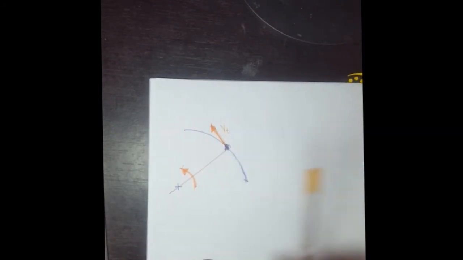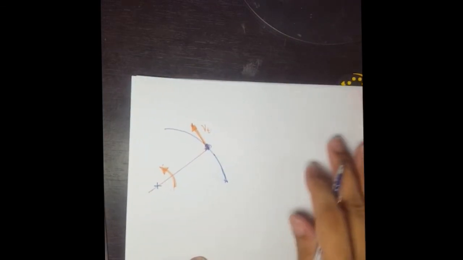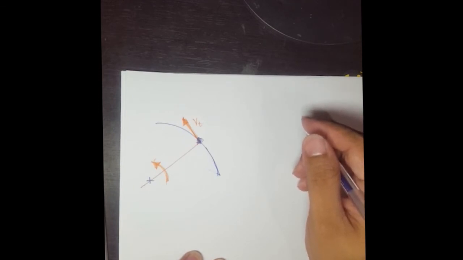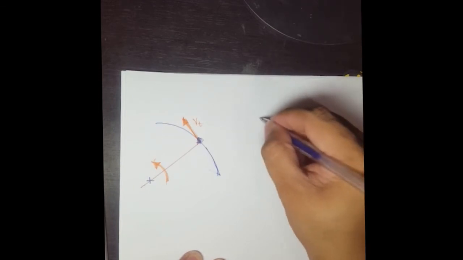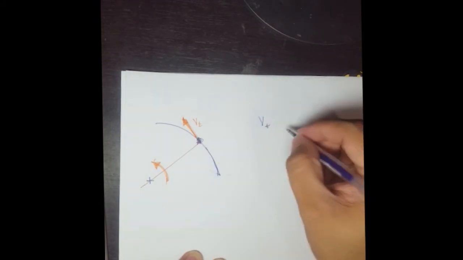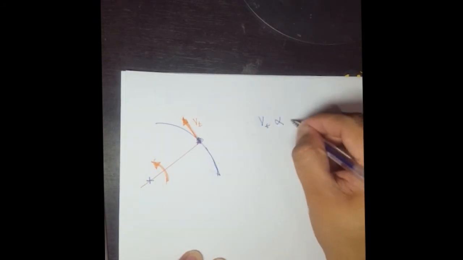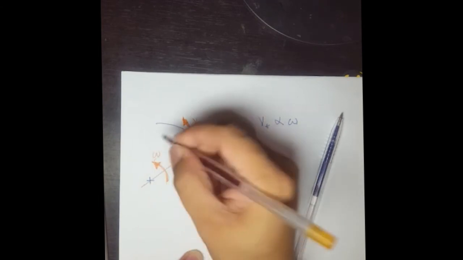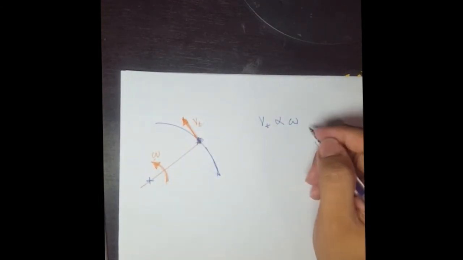So there's a relationship here, and they have found out that the velocity, the linear velocity, is directly proportional to the angular velocity.